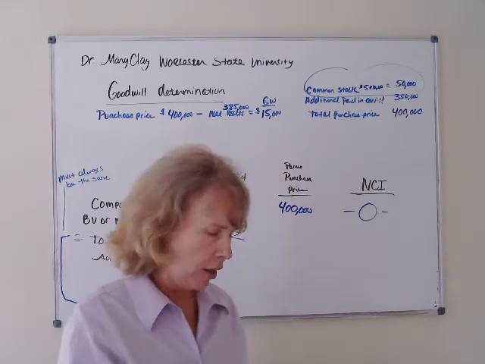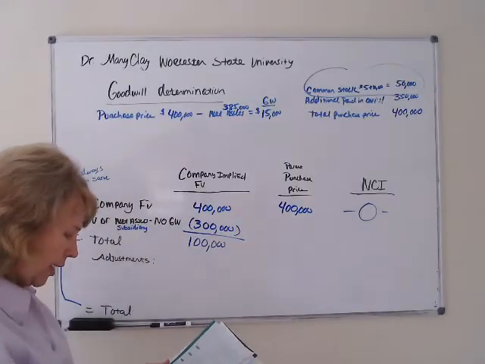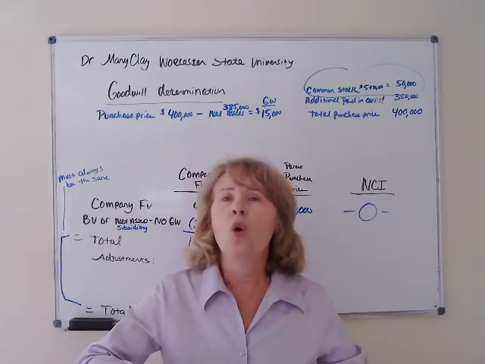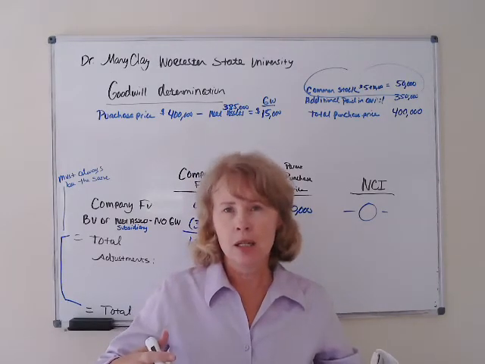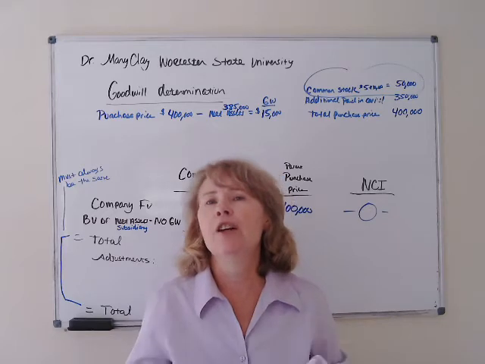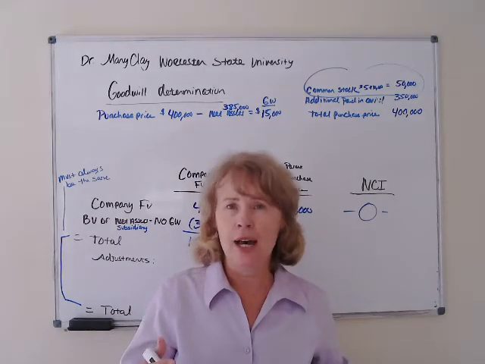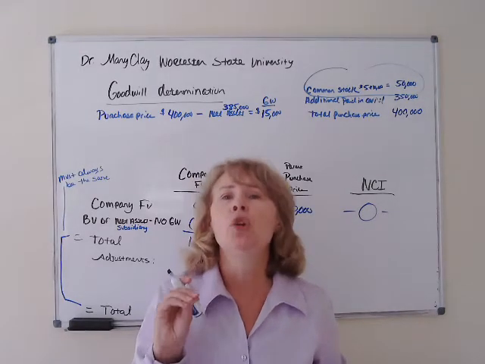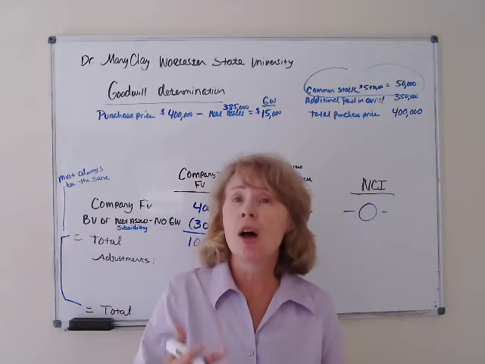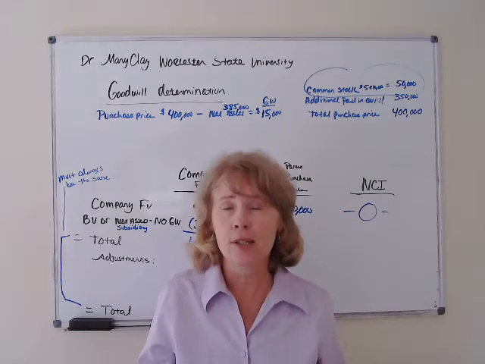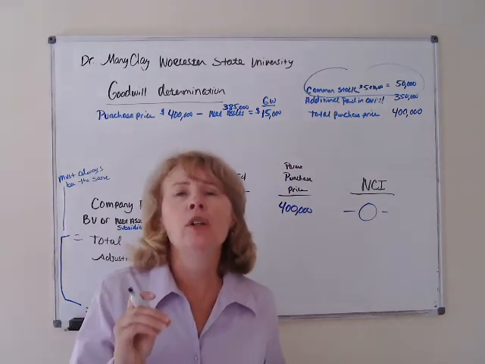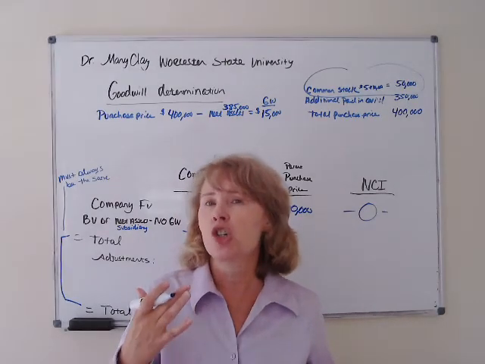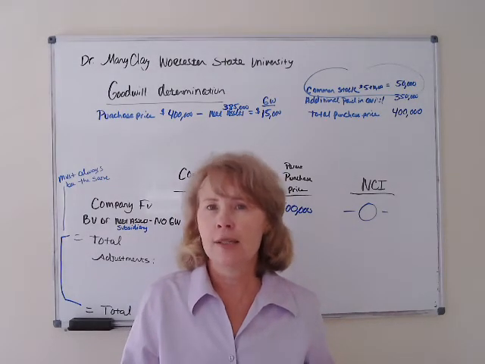Now, this is a consolidation. We're only going to make adjustments for the difference between fair value and book value. If the fair value and book value is the same, we will not make an adjustment, because when we consolidate, we'll include that. One more time, we will only make the adjustments when the asset or liability has changed, their fair value is different.